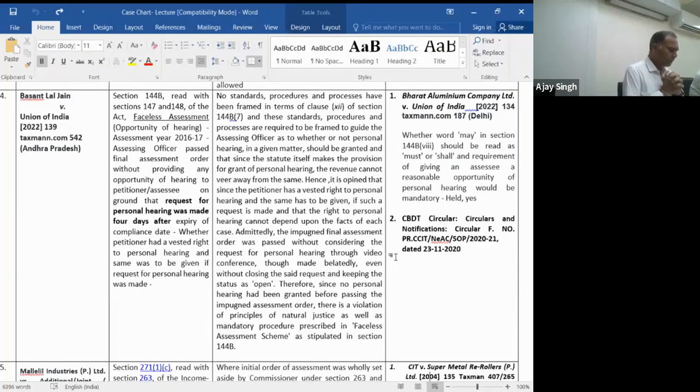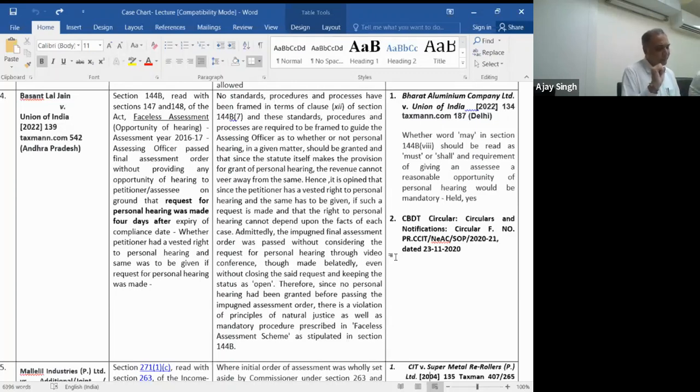I felt the importance of this decision because in the very peculiar facts, the assessee had made a request for personal hearing, though the date of the notice had already expired, and the assessing officer, without dealing with the request of the assessee, proceeded ahead with passing the order without giving the personal hearing.